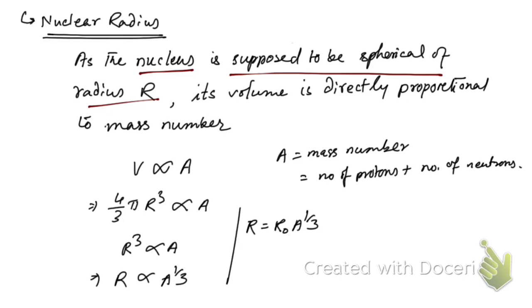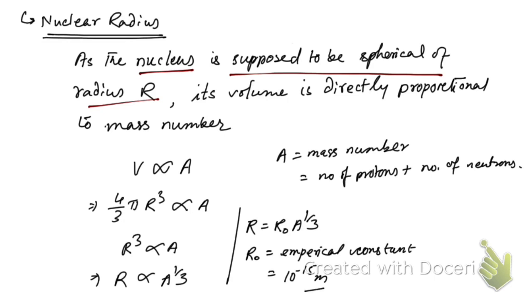Here r naught is called the empirical constant, and its value is approximately 10 to the power minus 15 meter.